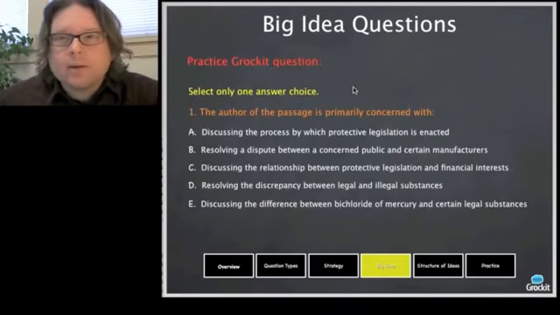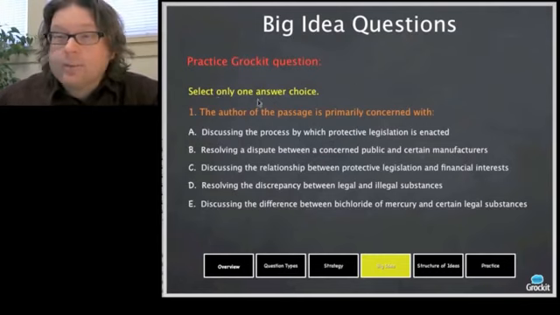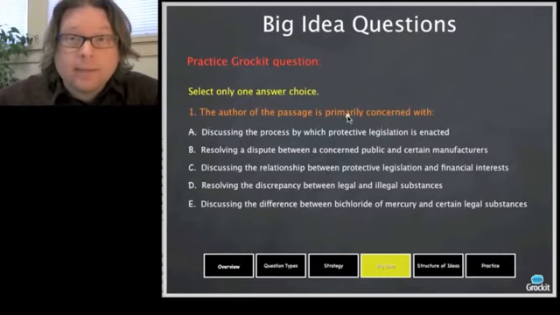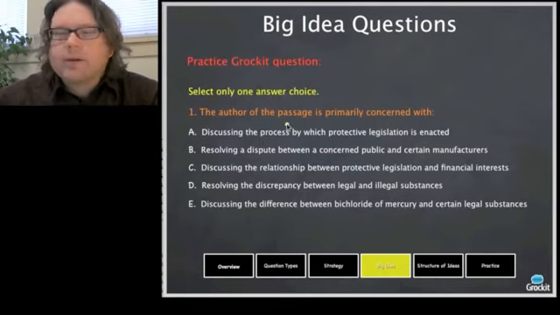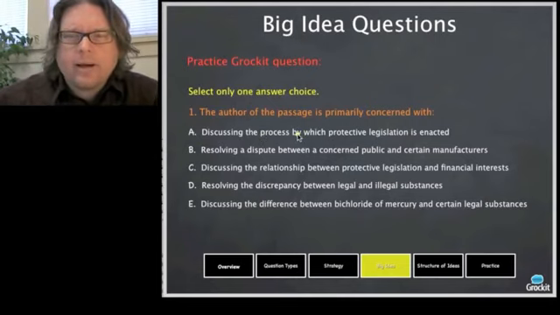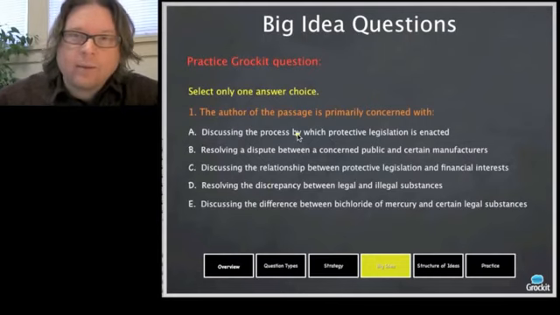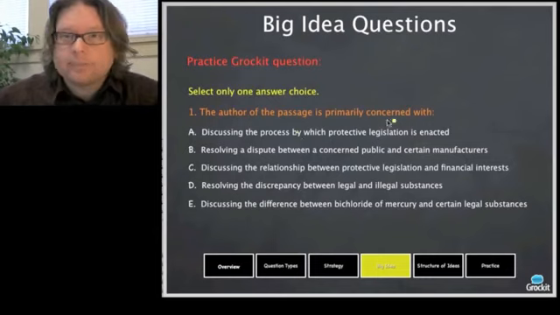So here's a practice Grokka question from our treasury of questions. Select only one answer choice. Good to know. The author of the passage is primarily concerned with, so that means this is a big idea question. I told you this was coming. And remember, the author was primarily concerned with talking about how money probably affects how quickly and thoroughly the government will step in to protect people from dangerous chemicals.